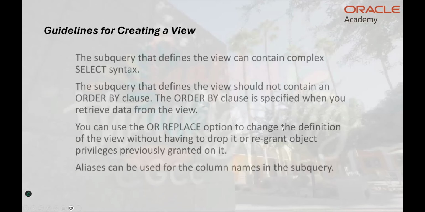The subquery that defines a view should not contain order by. So please remember the order by clause is specified when you retrieve data from the view. So when you create the view, let me say this slowly, you cannot use an order by. When you obtain data from the view, you can order by. So it becomes like a temporary table in essence.